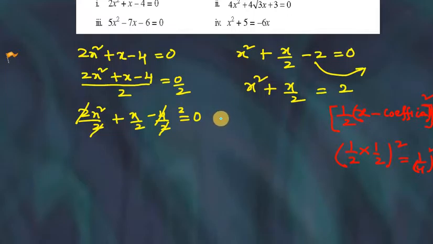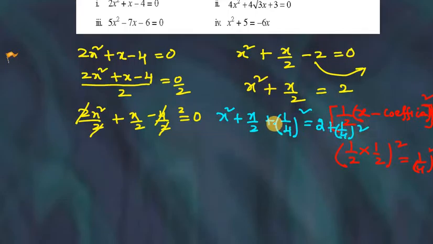So x square plus x by 2 plus 1 by 4 whole square is equal to 2 plus 1 by 4 whole square. I am adding it on both sides to balance the equation.